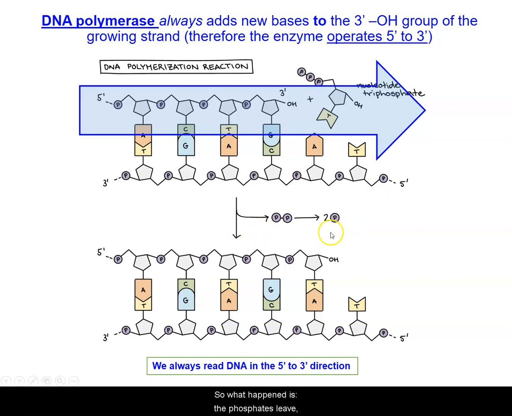So what happens is the phosphates leave, water leaves, and then you have a newly bound molecule. 5' is here, 3' OH is exposed here. So when this 3' OH is exposed, DNA polymerase recognizes it and adds a new nucleotide.